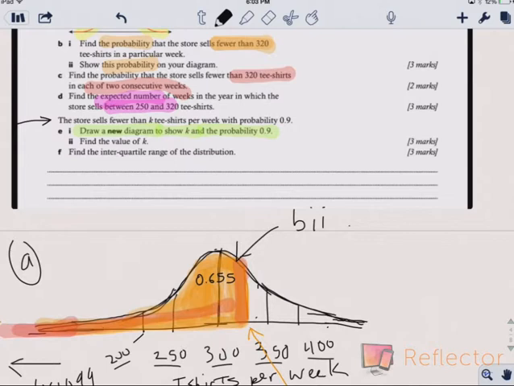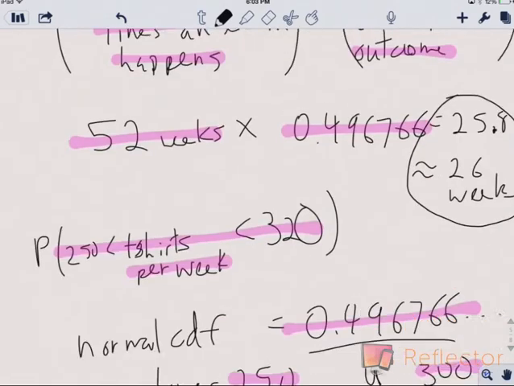This question is different from the previous ones. The previous ones were asking you to find probabilities. Now you're asked to find t-shirts per week. So that's going to require a new calculator function, and that's the inverse normal function.